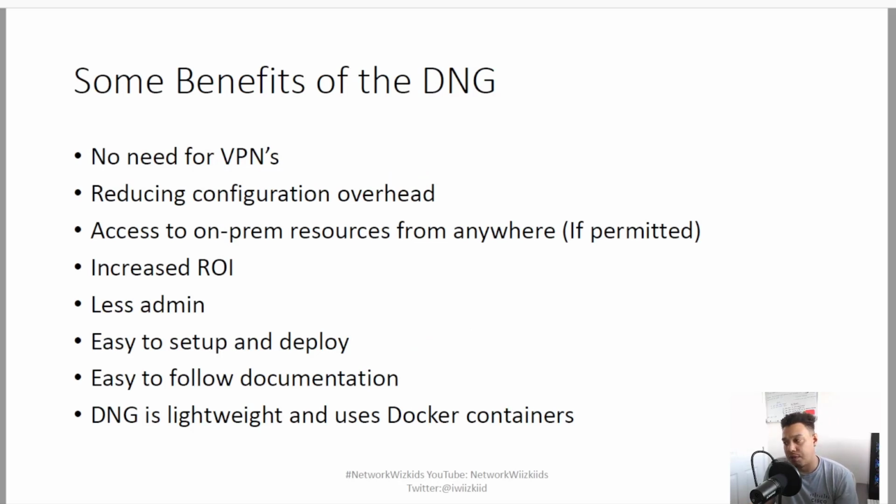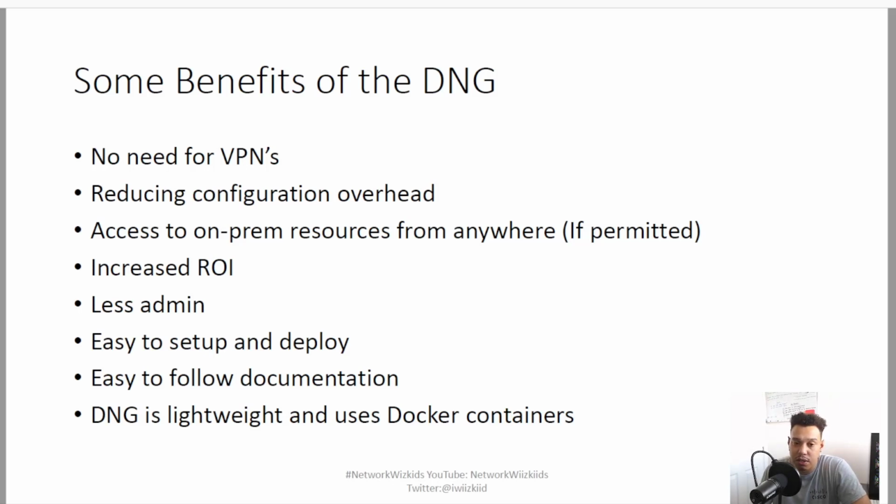Some benefits of the DNG. I've put a few down here that I could think of off the top of my head. The first one is what we just spoke about: we don't need a VPN in order to access internal resources. This really helps in reducing the configuration overhead.